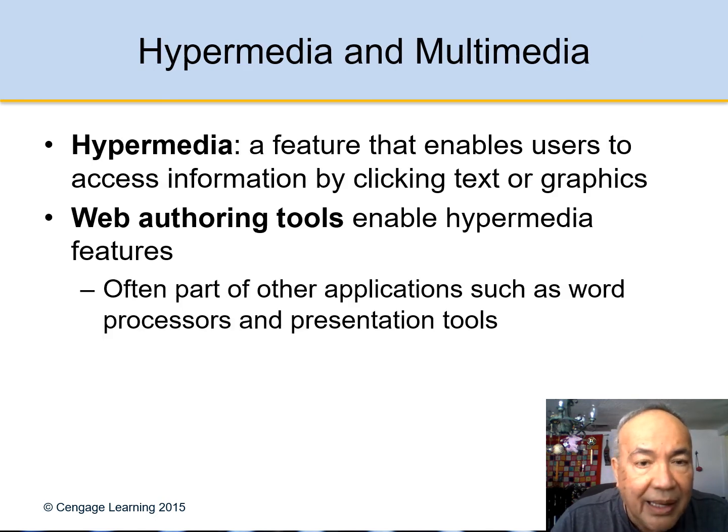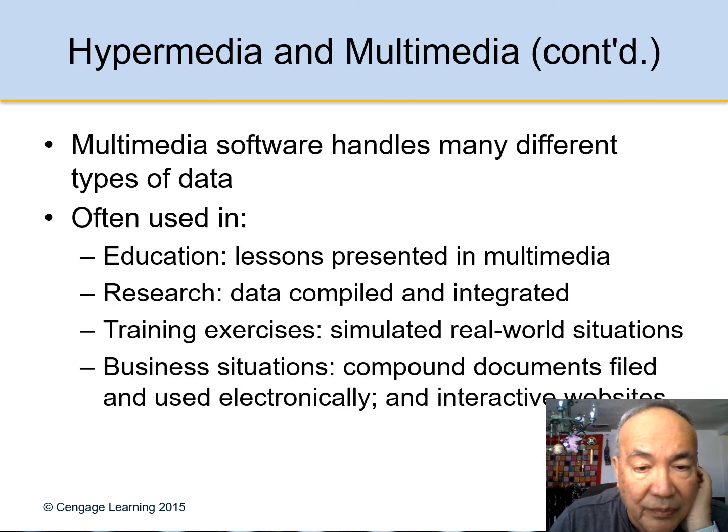And now we have hypermedia and multimedia. Hypermedia features enable users to access information by clicking text and graphics. And then we have web authoring tools to make web pages. So there are so many tools that we can use to give instructions to the computer for whatever you want the computer to do for you.